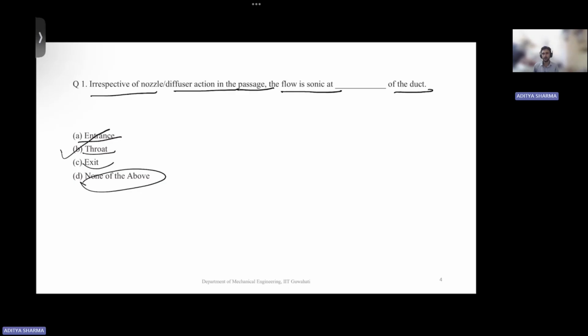Diffuser action means you are slowing down the flow or compressing the flow. Nozzle action is you're expanding the flow and increasing the velocity of the flow. So this is question number 1.